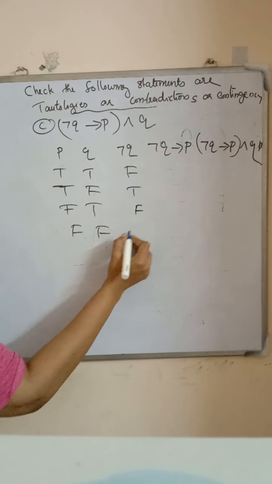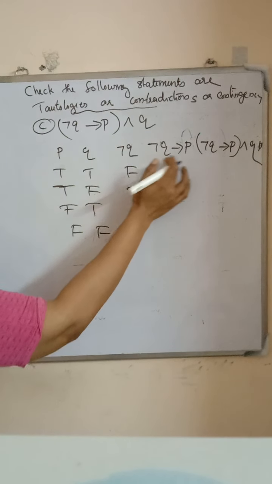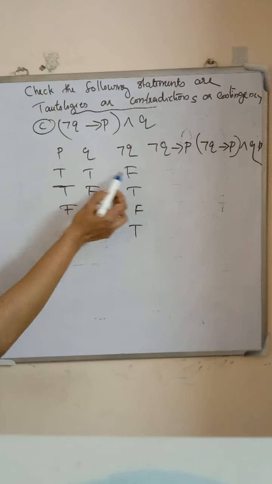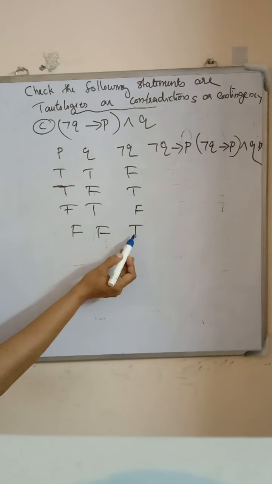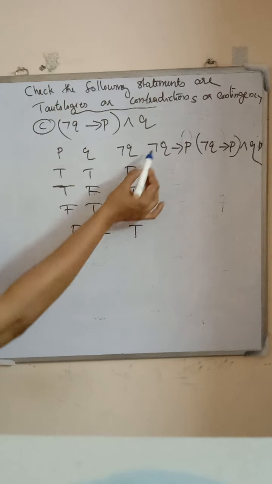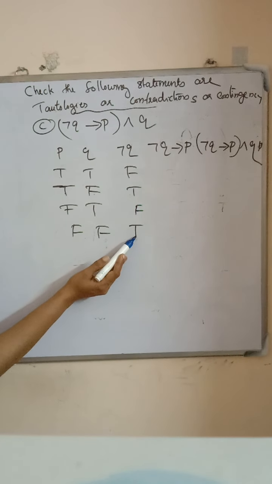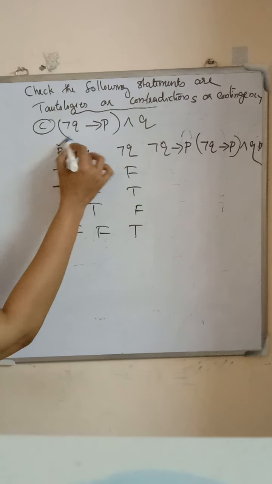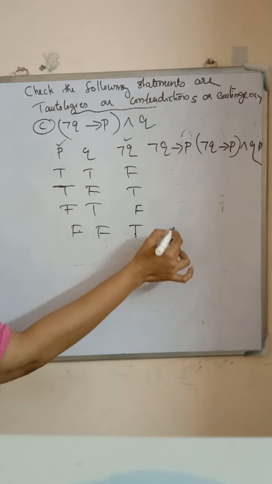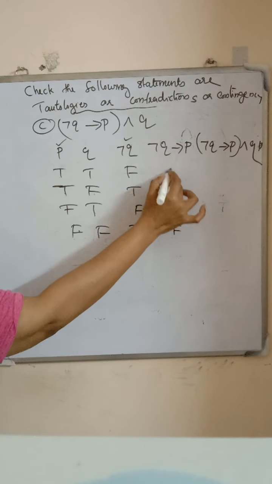Negation Q conditional P is false only in the last row, because the first statement negation Q is true and the second statement P is false. True conditional false is false. All other cases are true.